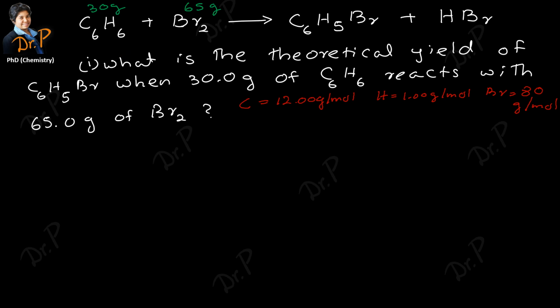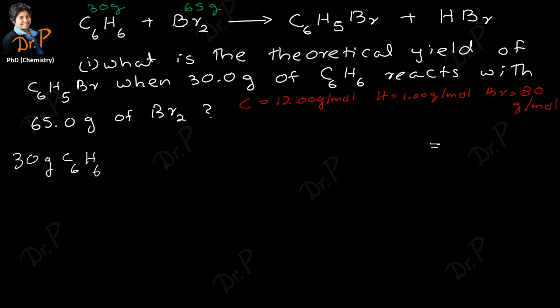Here I'm going for comparing the amount of product given by each reactant. First, I'm going to take C6H6. I have 30 grams of C6H6, and I'm going to find how much product I'm going to get with that.